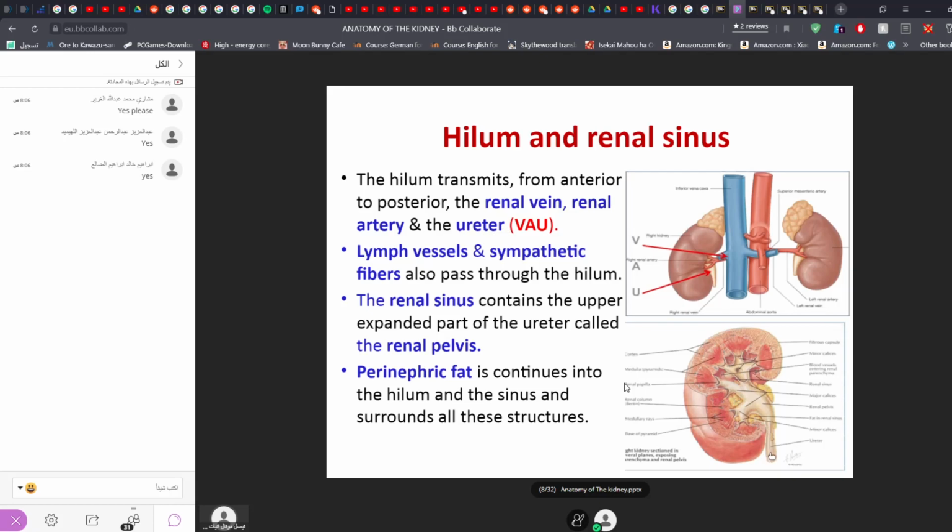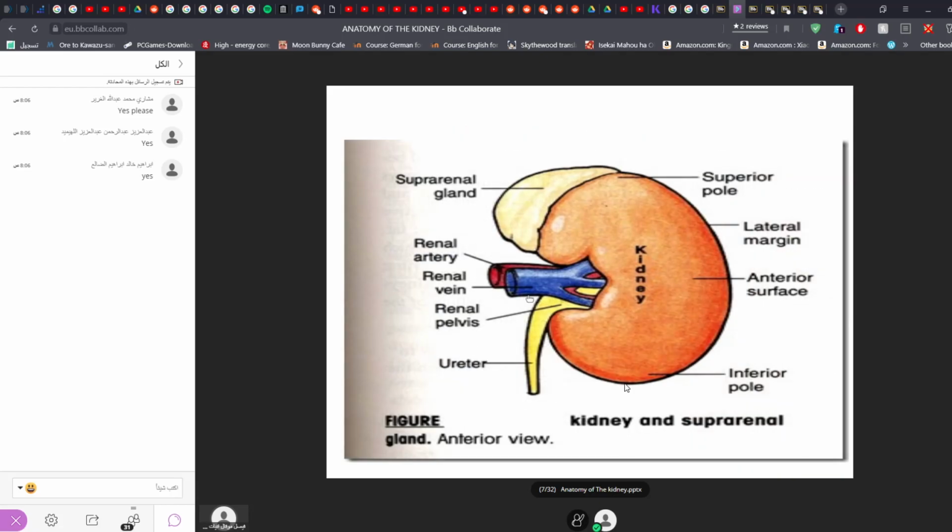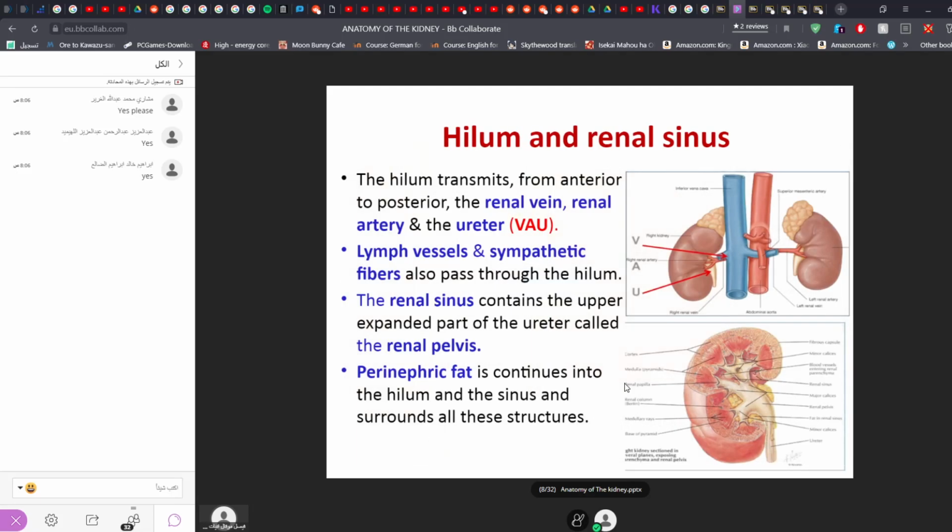So this is the ureter, then this is the artery, and anteriorly is the vein. Let us go back. Here you can see the vein, then the artery, and the most posterior structure, with a good downward extension as the ureter, is the renal pelvis and ureter. You have to remember this arrangement.